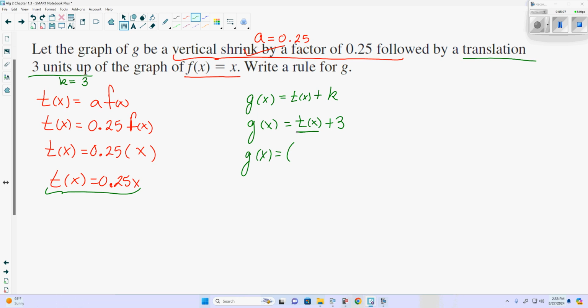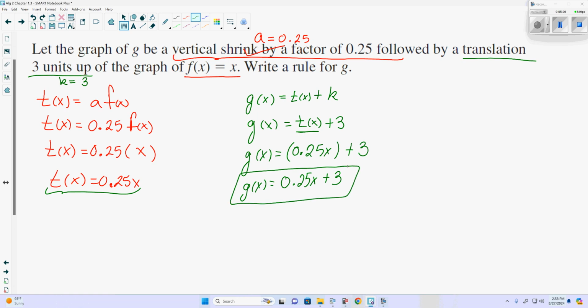We're just replacing it with what it's equal to. So 0.25x plus 3. Now, since there's not a number in front of our parentheses, just drop the parentheses, telling us that g of x is equal to 0.25x plus 3.